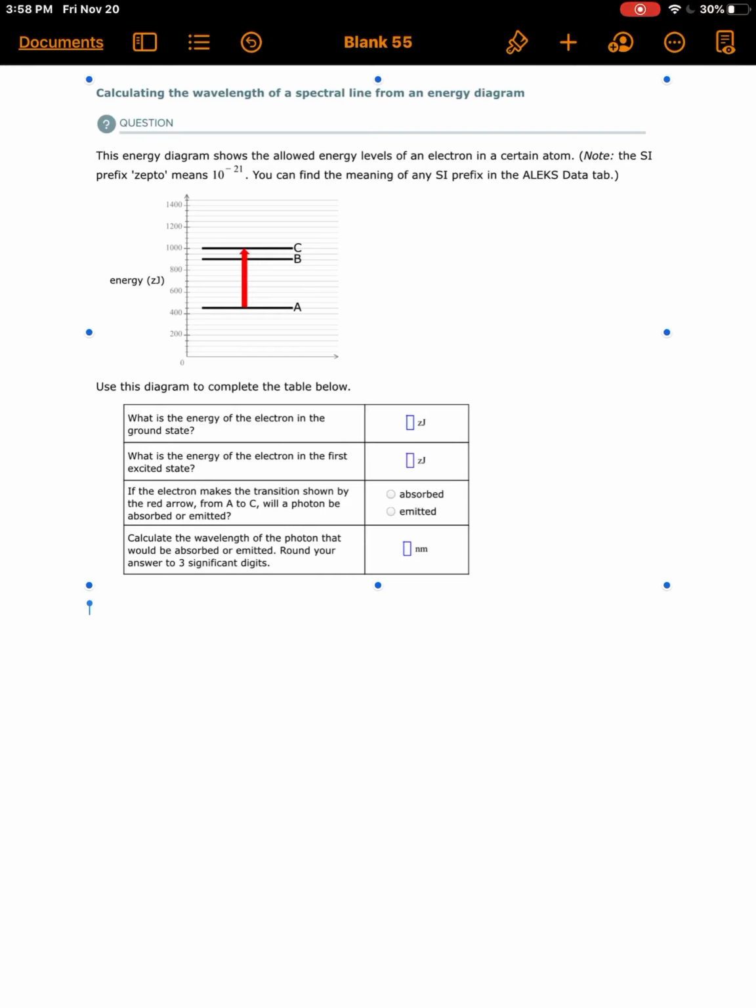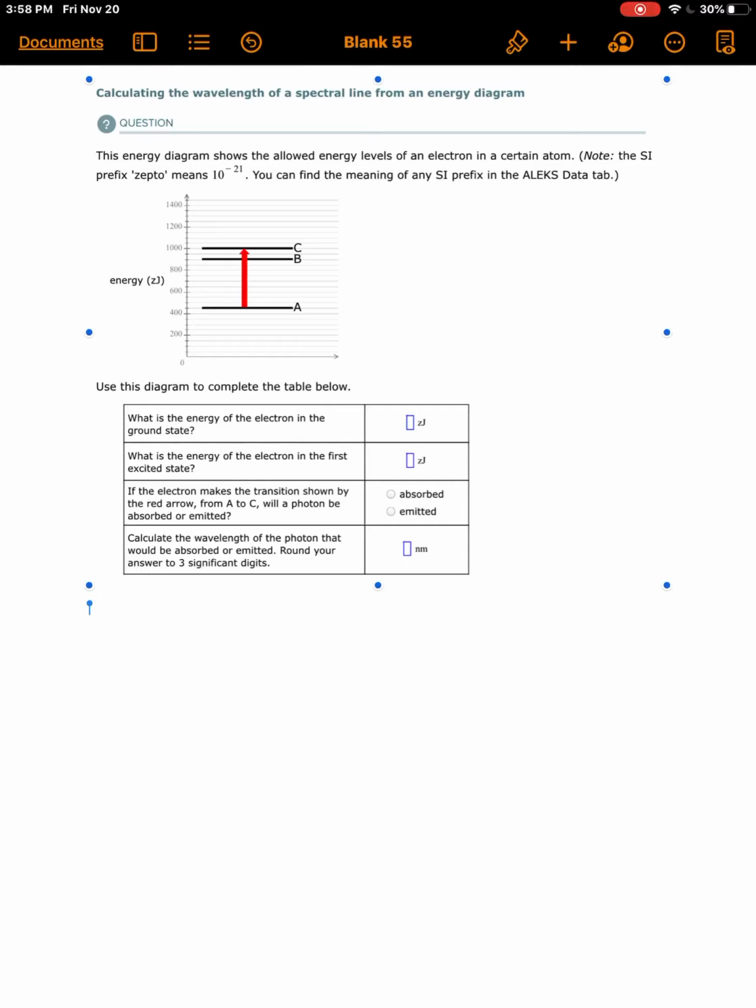So take a look at the energy diagram. Is the arrow pointing up or down? It's pointing up, right? The red arrow is pointing up. If it's pointing up, that means this is a process of increasing energy. Increasing energy is absorption. Think of it like a sponge.